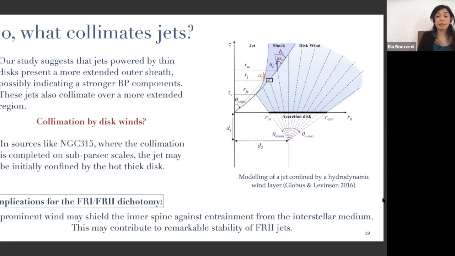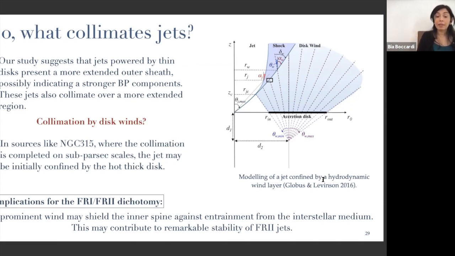And interestingly, this matches the predictions by modeling of jet confinement by hydrodynamic wind layer, which show that the larger the radius of the disk wind, the more extended the acceleration region.